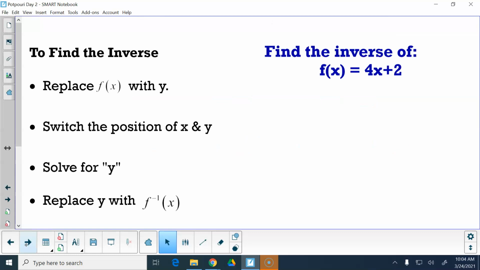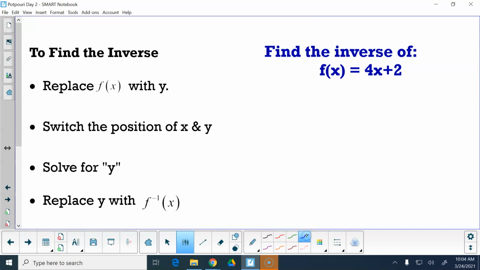The first thing that you are going to do when you have function notation is you are going to switch it back to equation notation. So you're going to first change the f of x into y.